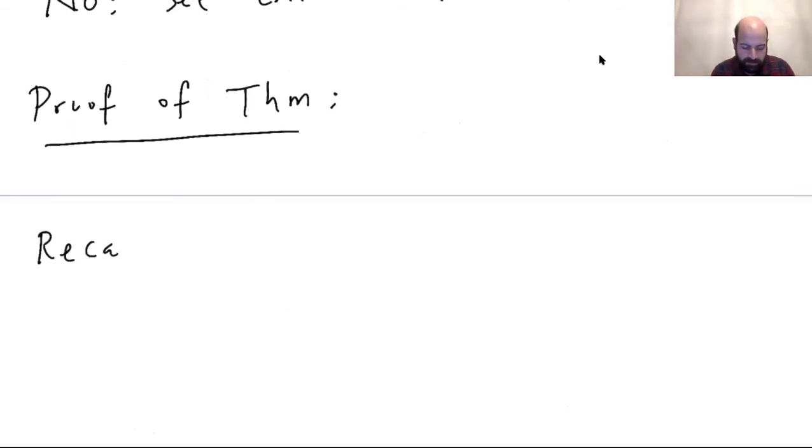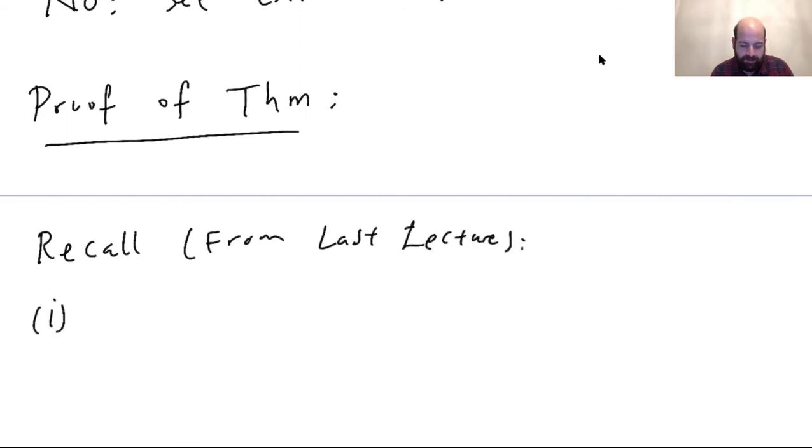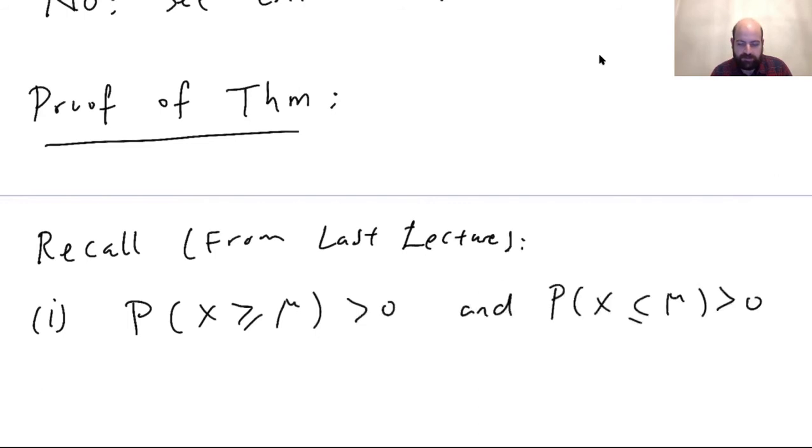Recall from last lecture that one fact was that P of X greater than or equal to mu is greater than 0, and P of X less than or equal to mu is also greater than 0. Now this is exactly the typical result that we need in this course, probability of something greater than 0, and then that would prove the existence of the specific construction.